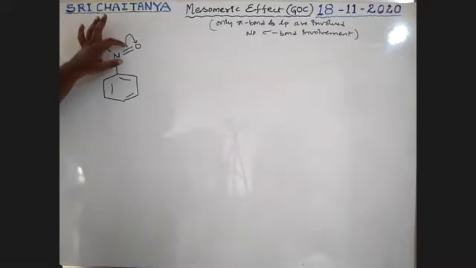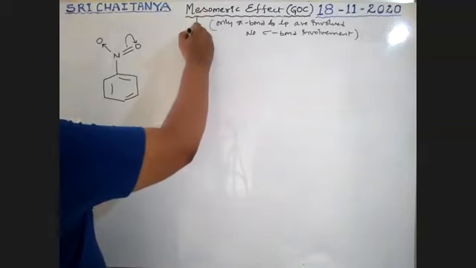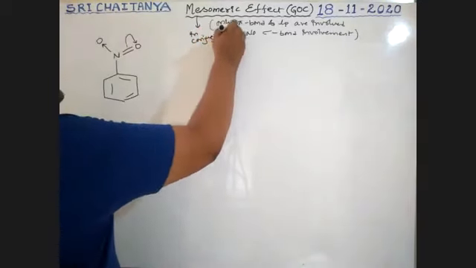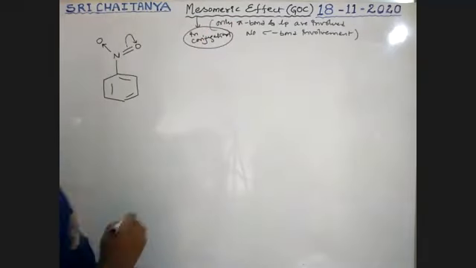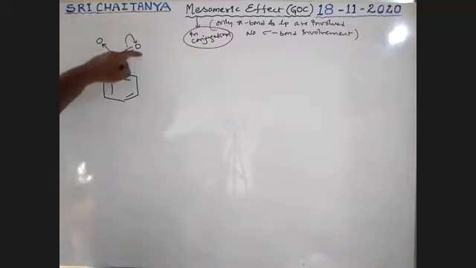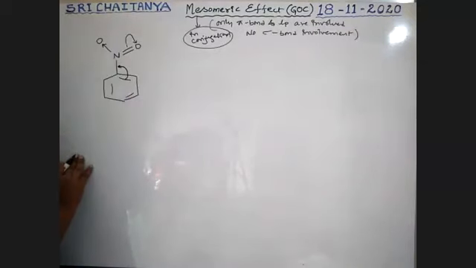These are pi bonds which are in conjugation. So this must be in conjugation. Conjugation is required, boys. Mesomeric effect requires conjugation, requires resonance. Then mesomeric effect is applicable. See here. So this pi bond automatically moves towards this one.